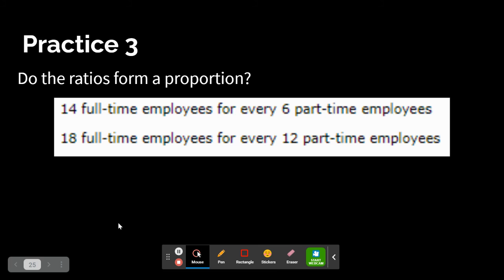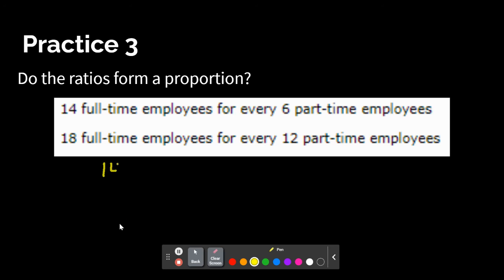All right, one more practice here for you. Try this out. All right, let's work it out here. Again, I'm just going to take each of these pieces of information, write it in a ratio: 14 full-time employees, 6 part-time employees.